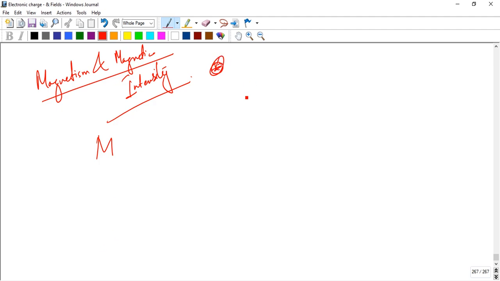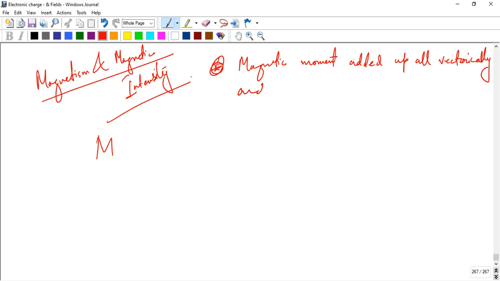The magnetic moments are added up vectorially, and they give the magnetic moment of magnetization.